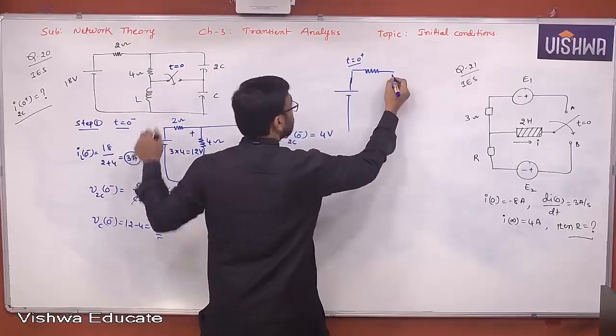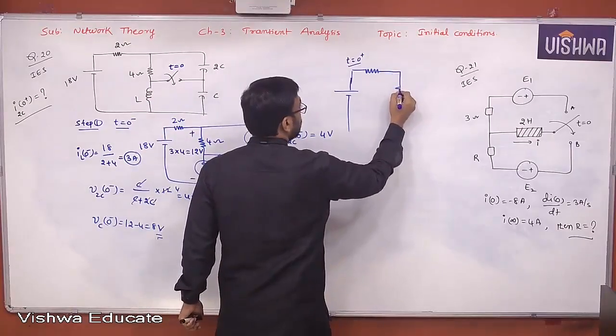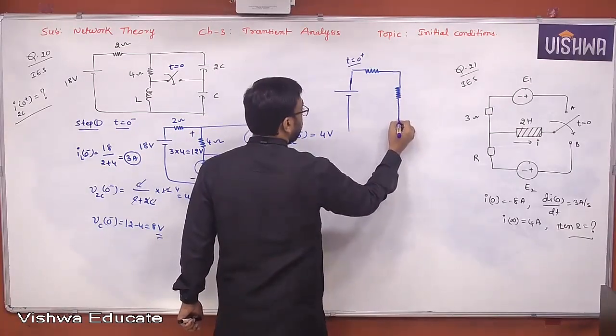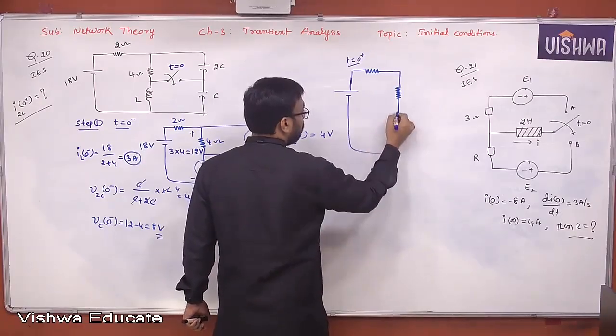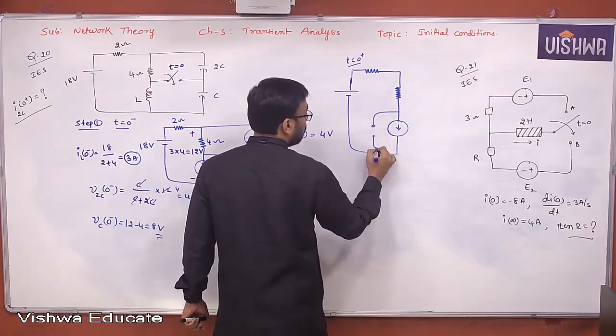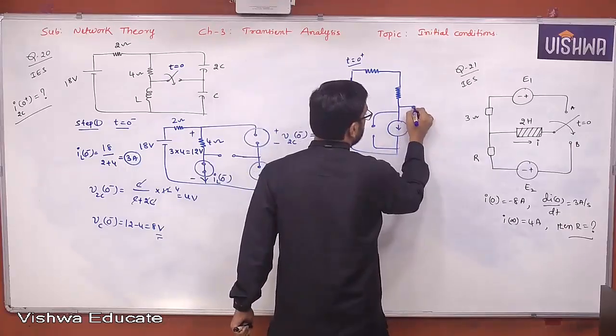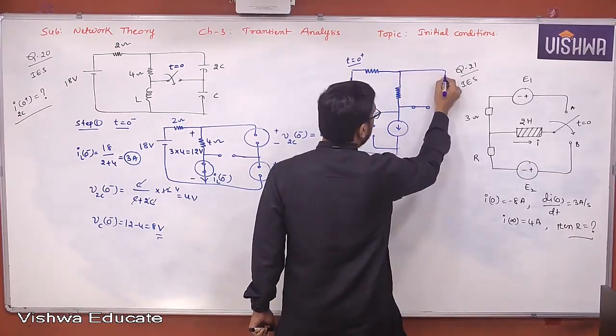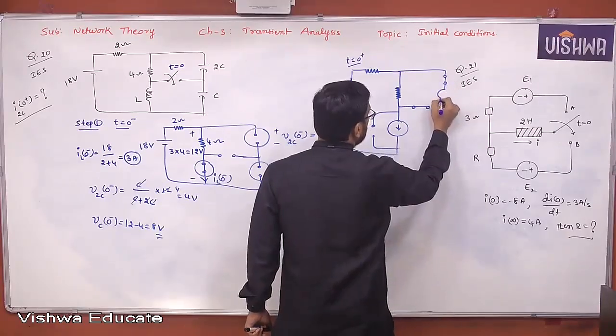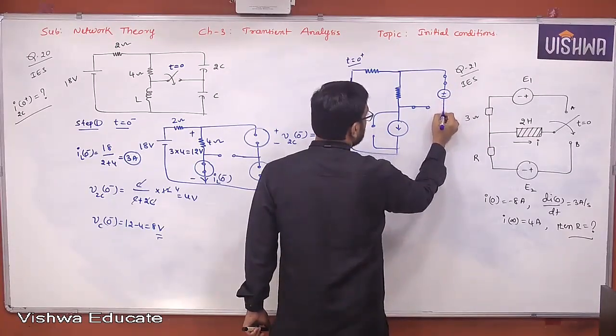Okay, this is resistor. Inductor is acting like a current source. With the parallel inductor model, we have seen that equivalent. The switch is closed here. And now this is acting like what? A voltage source with a series capacitor model.